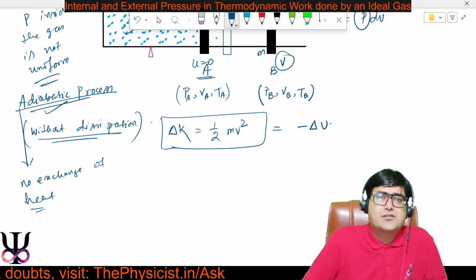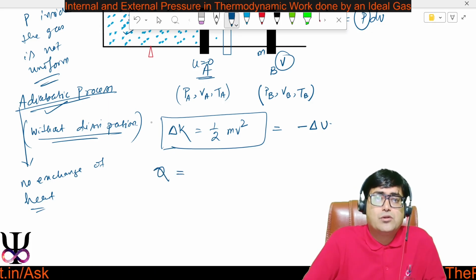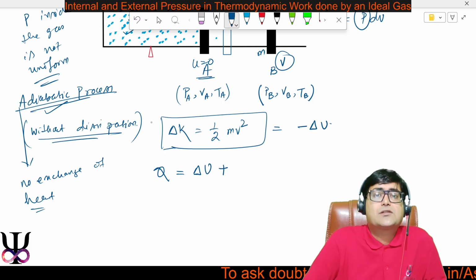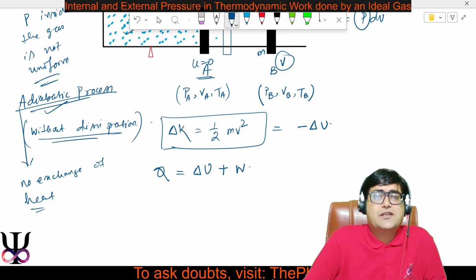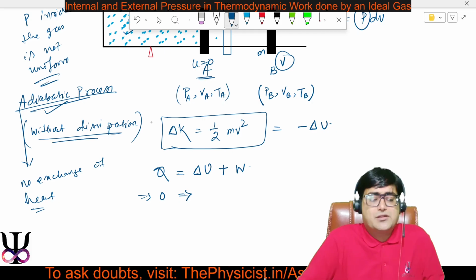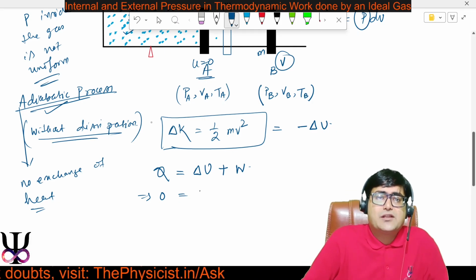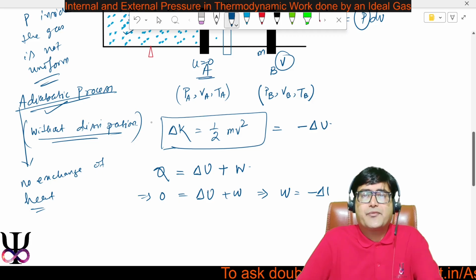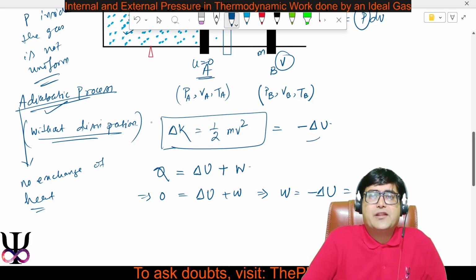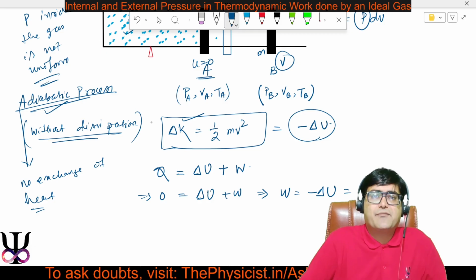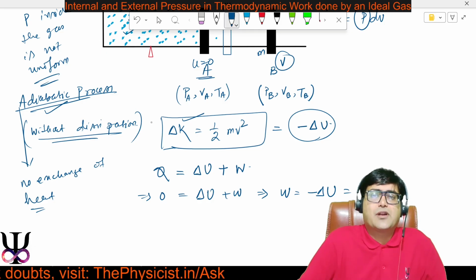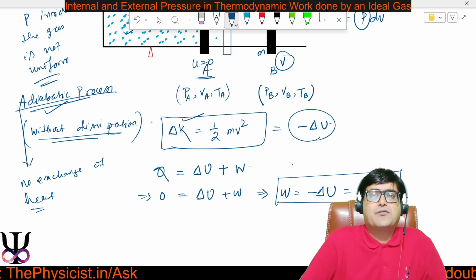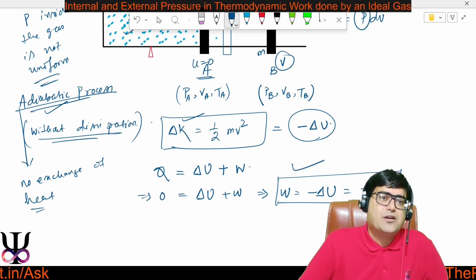In that case, the first law of thermodynamics says Q is equal to change in internal energy plus W. Since Q is 0, that is change in internal energy plus W. That means the work done is the negative of the change in the internal energy. But we already know that the negative change of the internal energy is half mv squared. So the work done is half mv squared, correct?